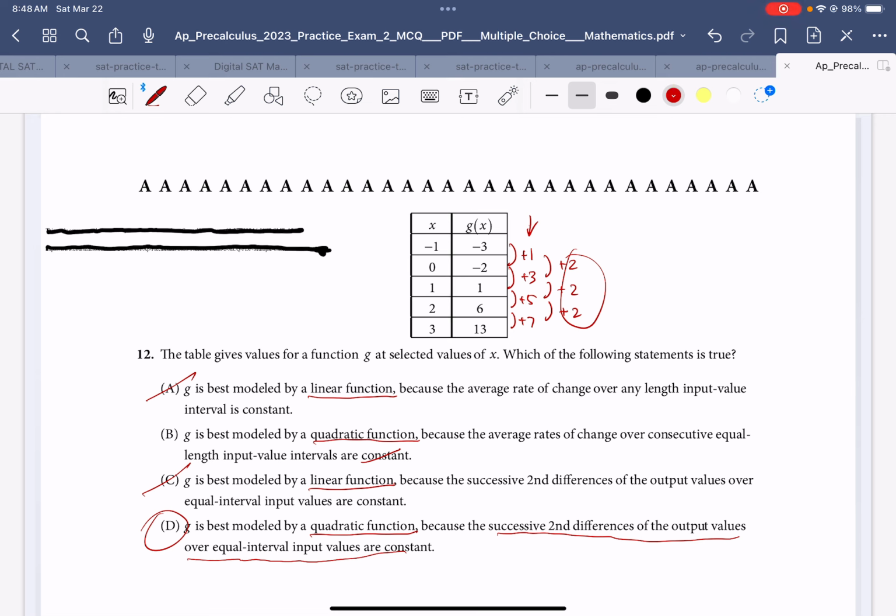You can say the change of the average rate of change will be equal. So here, that change of average rate of change is constant, but just the average rate of change over the equal input intervals is not constant. So in that sense, B is wrong.